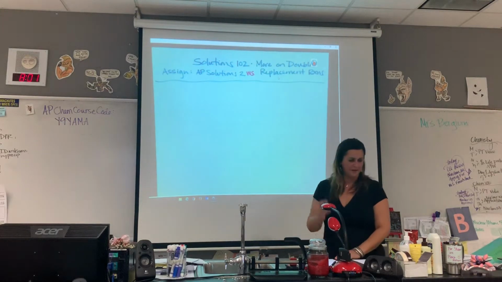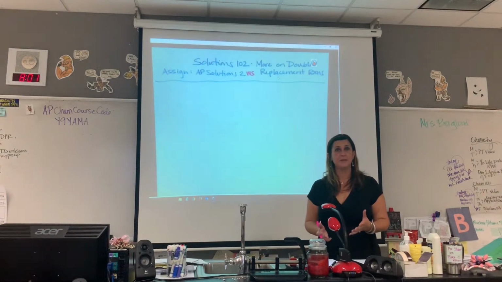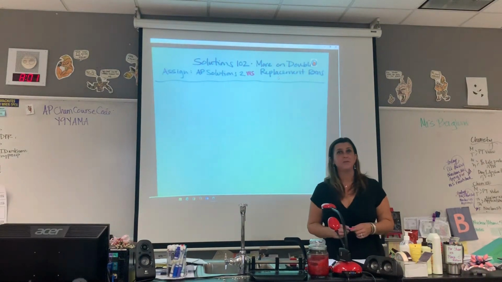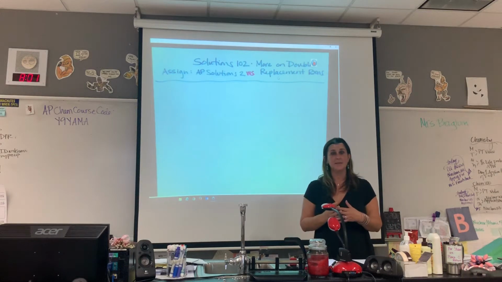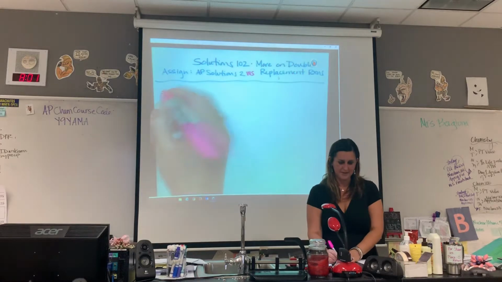So here we go. We want to establish to start with something that we've observed in lab, and that is when two ionic substances are mixed, sometimes a solid is created. So we want to write that down.